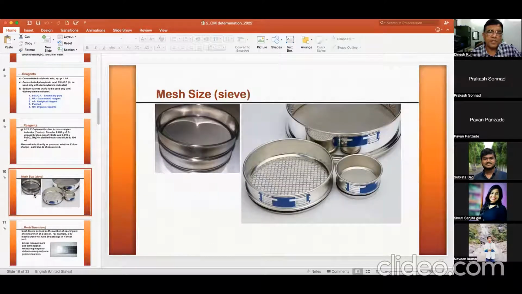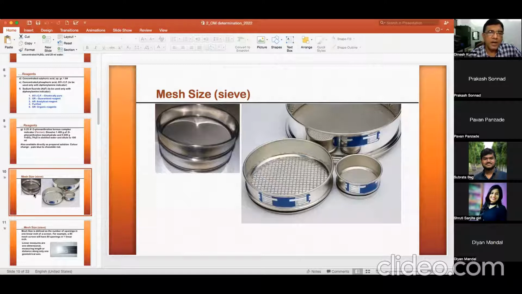Now, many times you need sieves in the laboratory, sieves of different mesh, different sizes. So can anybody tell me the meaning of mesh? What is mesh in a sieve? Sieves are before you. Sometimes it is 50 mesh, 80 mesh, 100 mesh, 150 mesh, etc. So what is meant by that?